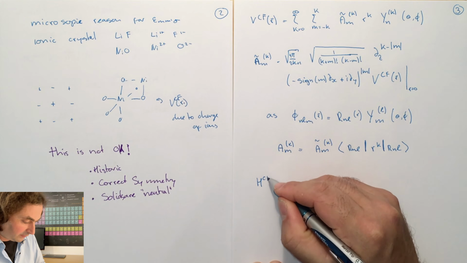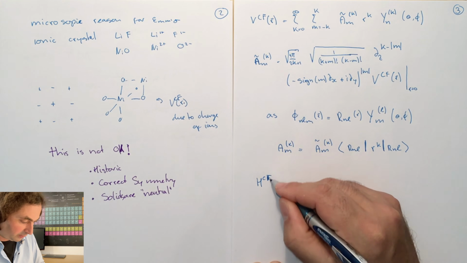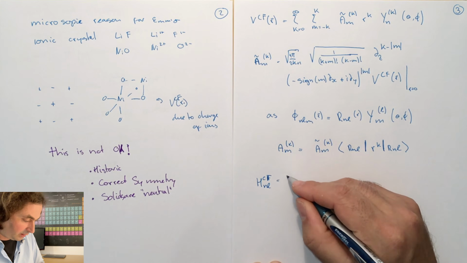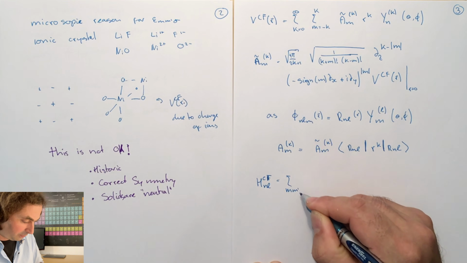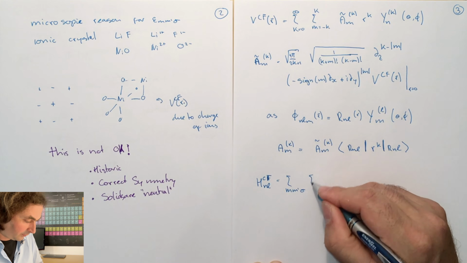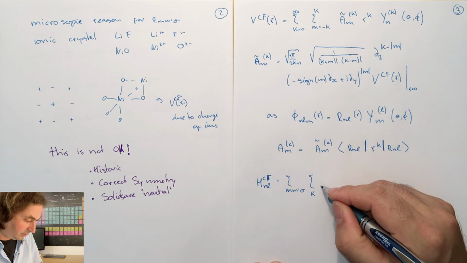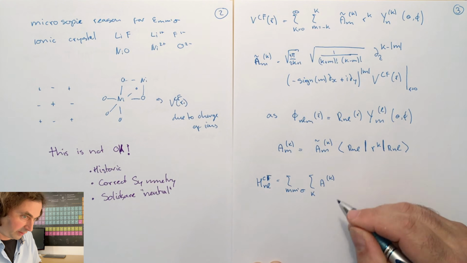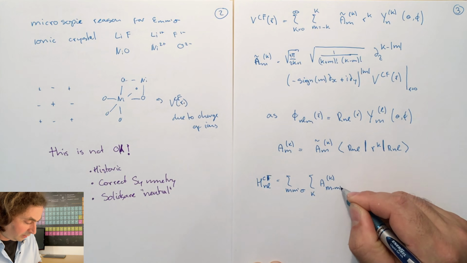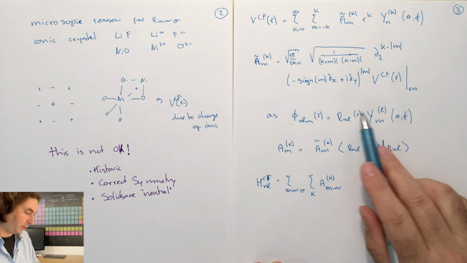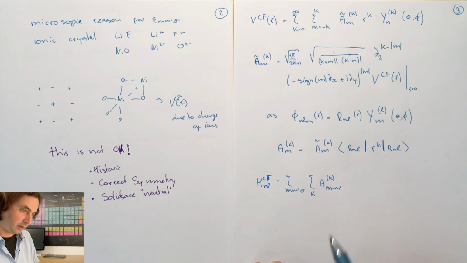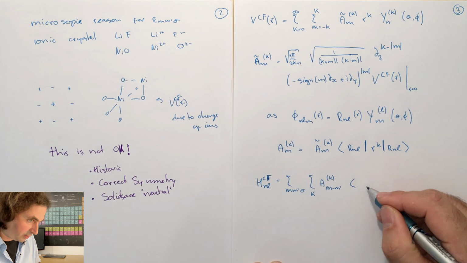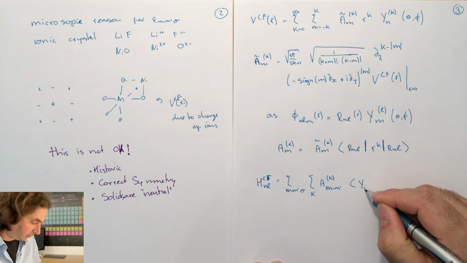Such that in the end, our crystal field Hamiltonian is given by a sum over m prime and sigma, and then the sum over k, the angular momenta of your effective potential. And we don't have to sum over m, because in our integrals over three spherical harmonics we have these nice conservation rules.